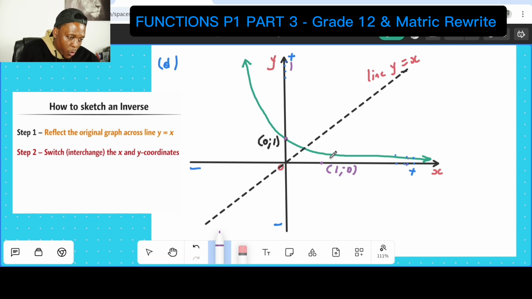So if the original graph is too close to the positive x-axis and at the same time curving towards the y-intercept, the inverse will be too close to the positive y-axis and curve towards the x-intercept. Let's do it.